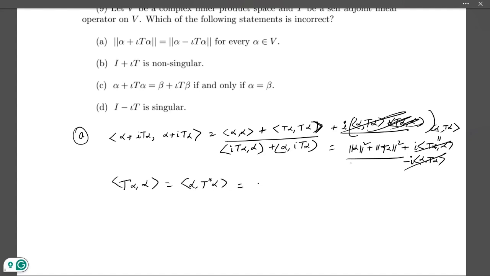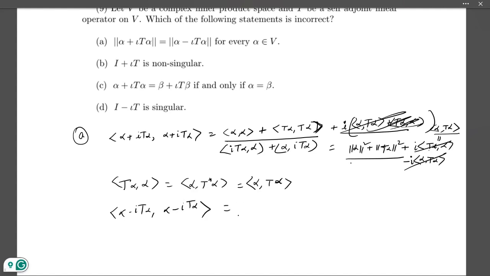T star is again same as T, so this is alpha T alpha. T can vary in first coordinate or second, so send it into the second coordinate. Then this is plus i alpha T alpha, and this is minus i alpha T alpha. So they are cancelling out. Okay, good. So from this part you get this. What about this part? Alpha minus iT alpha, alpha minus iT alpha.